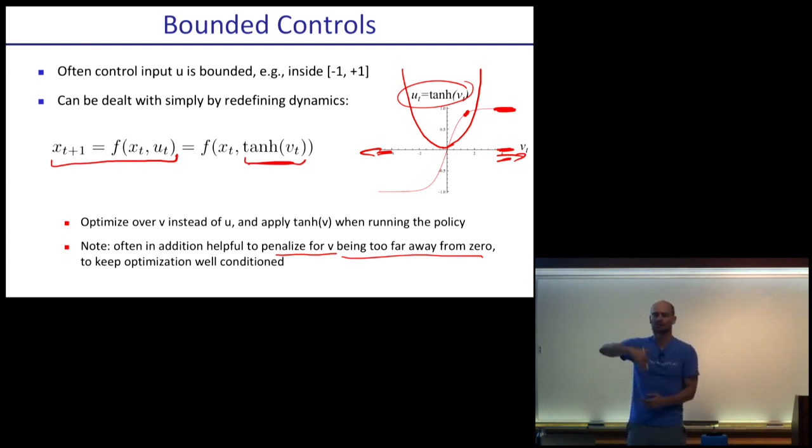And so you would get the gradient to bring you back to the other side if you need to, whereas if you are all the way out here and you don't have any penalty on v, you see no gradient, and you think you have no control over the system. And now the optimization problem will not find a good solution. Okay, so that's a way to deal with bounded controls, which is actually very often the case.